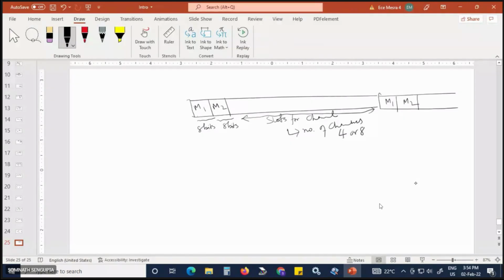Data from each channel goes in the slots, and all the slots are of 8 bits each. So you have to calculate the frame width. Observe the waveform and calculate the frame width.